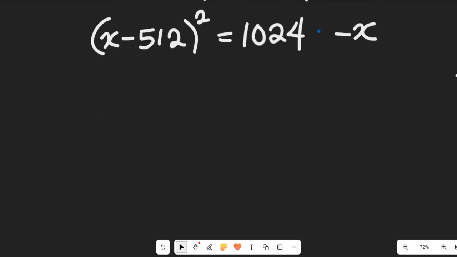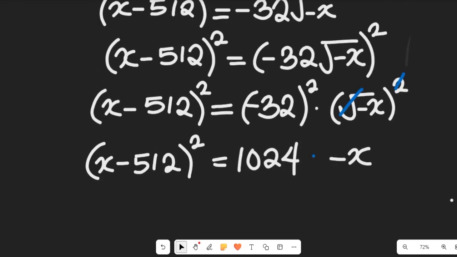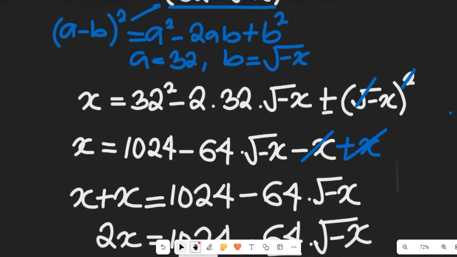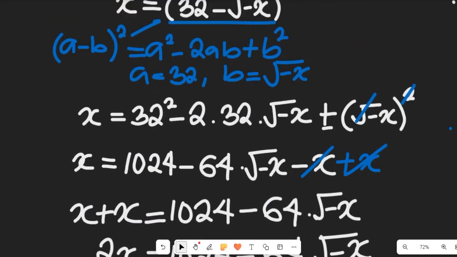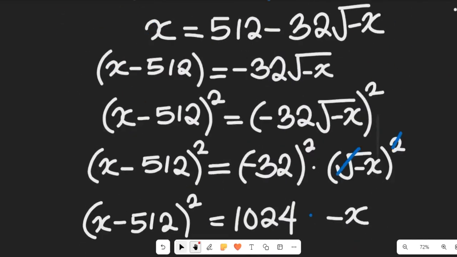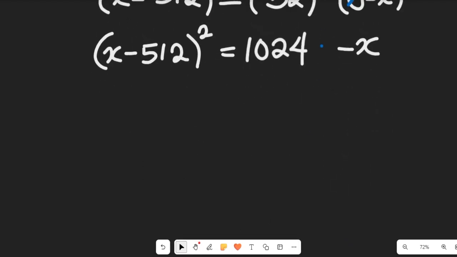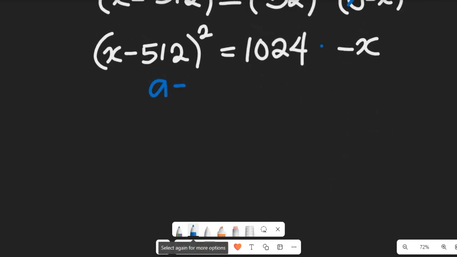Great. Now flash your mind back to that algebraic expression we had earlier on. From that algebraic expression, you are going to see that we can simplify this in order to get our solution. Recall that algebraic expression. You can see that our a this time around can be x, and then our b will be equal to 512.